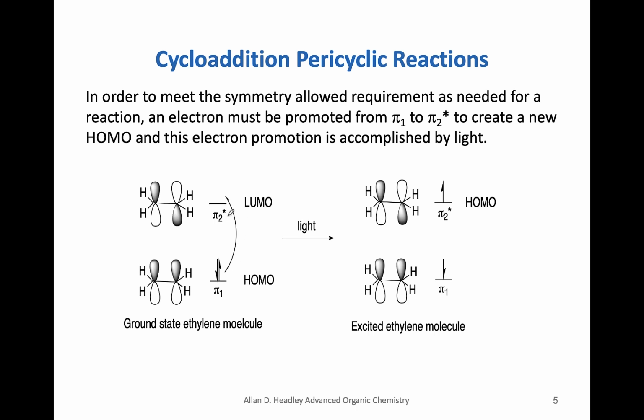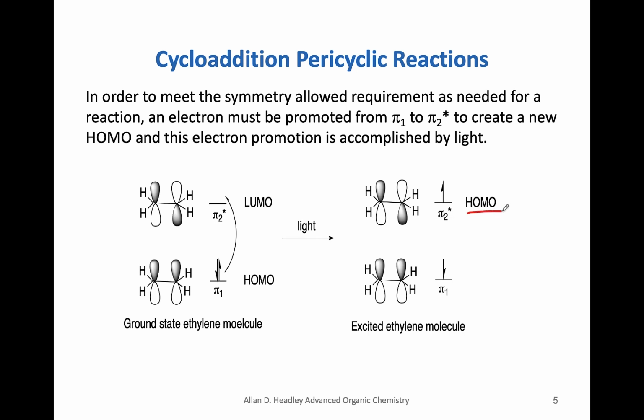As we saw in last lecture, this energy gap is specific and requires a specific energy in light. In the presence of light, one electron is promoted from the HOMO into the LUMO as shown here.